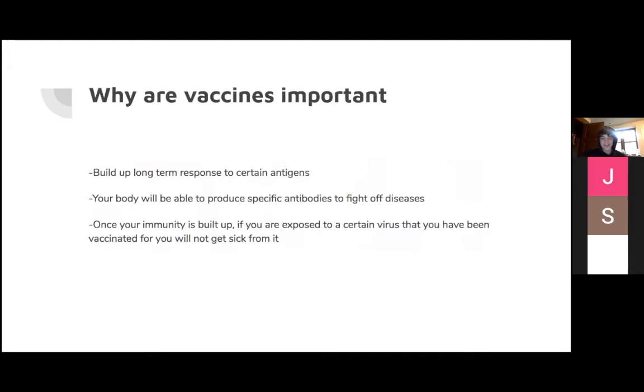Why are vaccines important? So these vaccines build up long-term responses to certain, and that's wrong. Okay, wait one sec, let me fix that. It's okay, Callum, I'm sure you'll nail it next time. We can edit that out.